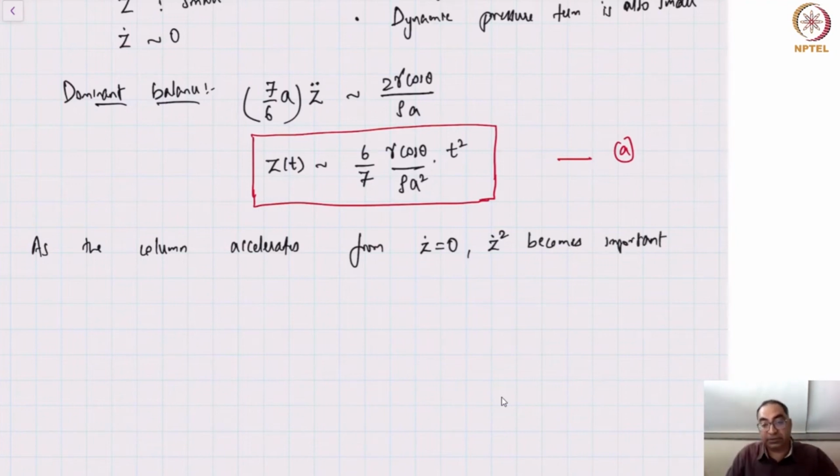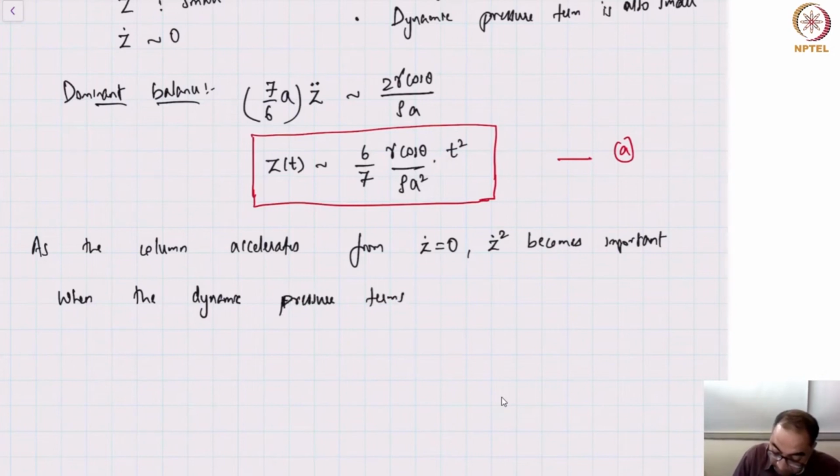The column is rising up, so it's essentially picking up speed, and when it's picking up speed, the dynamic pressure term eventually becomes important. And as this happens, the balance now becomes, so here this is when z becomes larger than 7 by 6 a, and when this happens, we have dominates inertia.